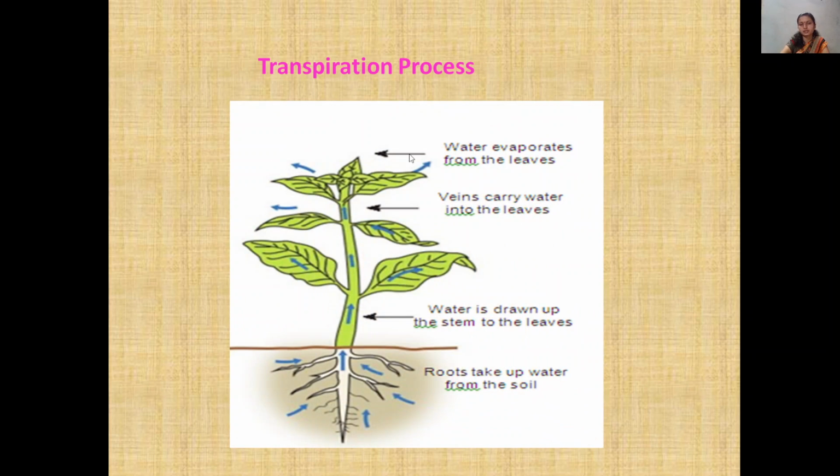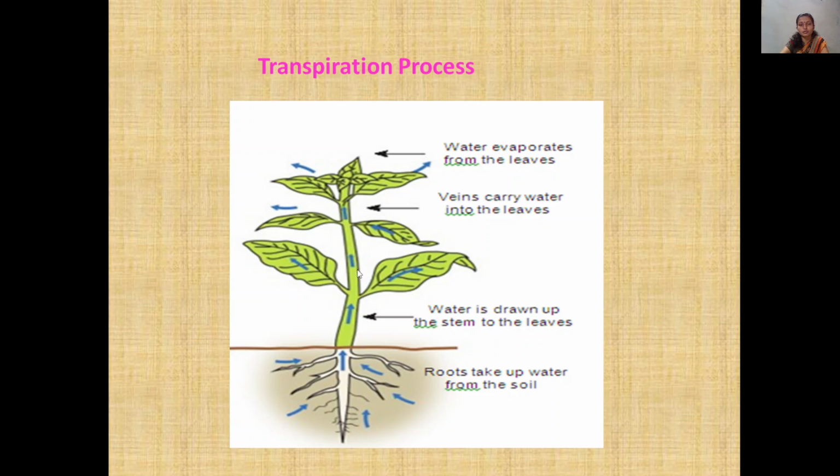Next slide. Here is the transpiration process which occurs in plants. When water is absorbed by the roots, see here, roots take up water from the soil. Then water is drawn up the stem to the leaves. Here is the stem and here the leaves.